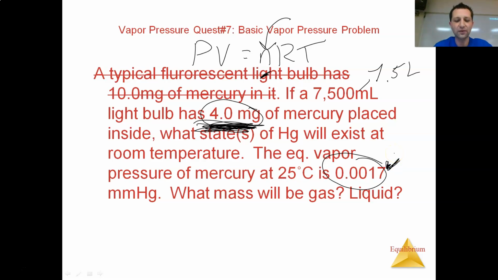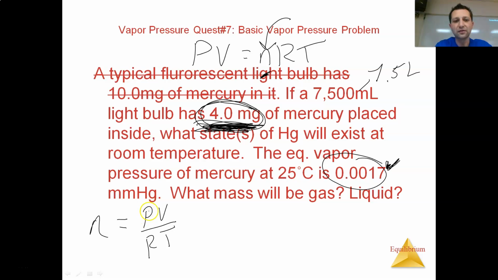It doesn't really matter what way we do it. The way I have it worked out, we'll do the latter. We'll take our partial pressure, convert that to moles and milligrams, and see how it compares to this. So let's do that. We have PV equals nRT and we want to solve for moles, so n equals PV over RT.